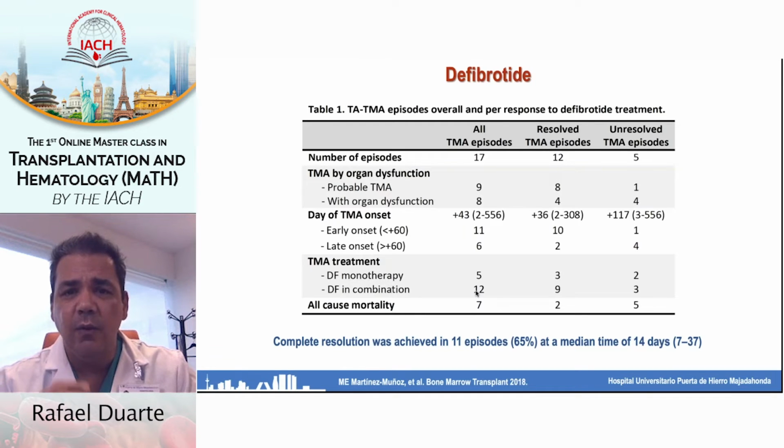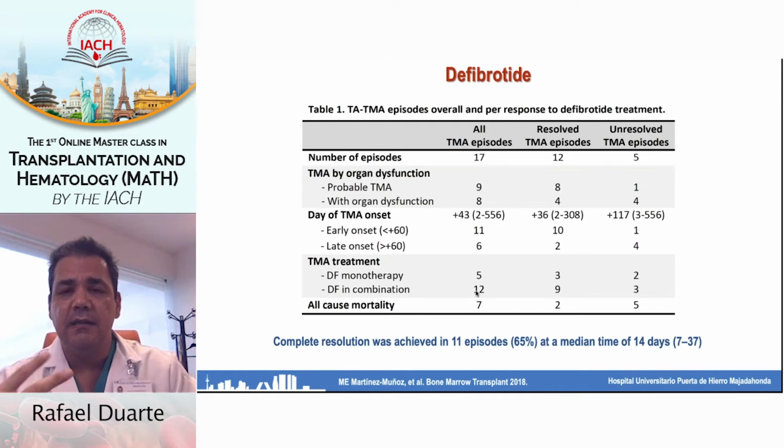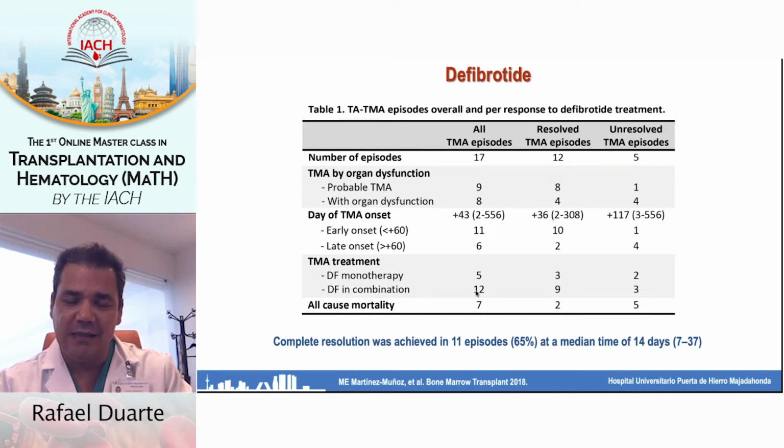Important as well, when we manage this series, that they do not really have a randomized design, only historical controls. I'd like to highlight that some of the patients that we treated had, according to Cho's definitions, probable TMA. So they had all the features of TMA, but without organ dysfunction.